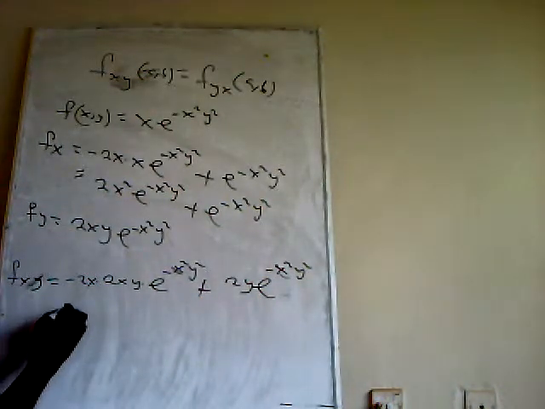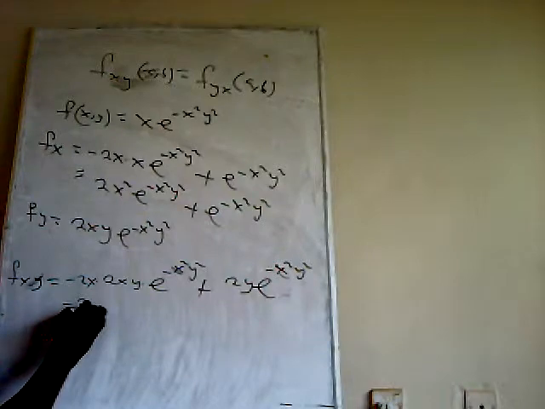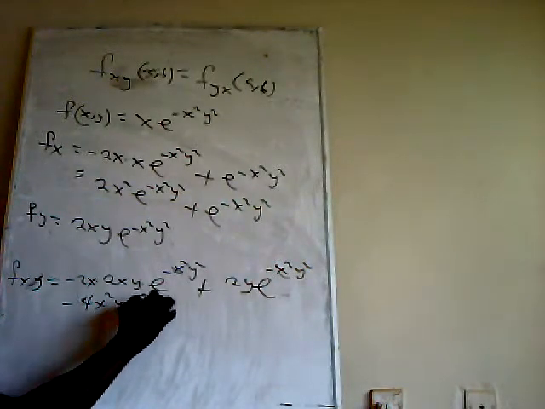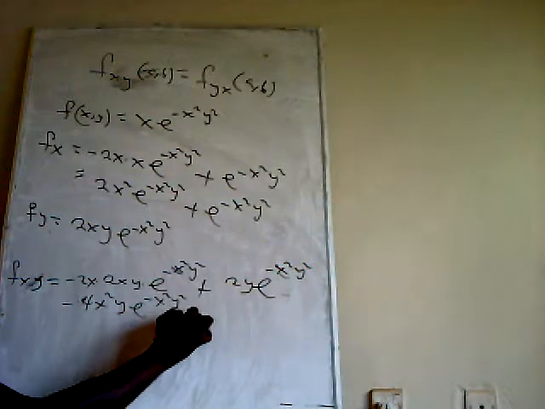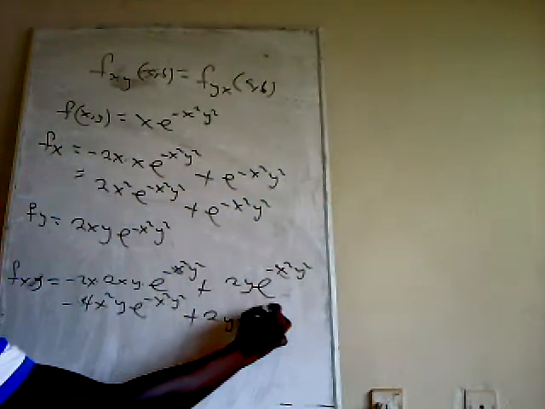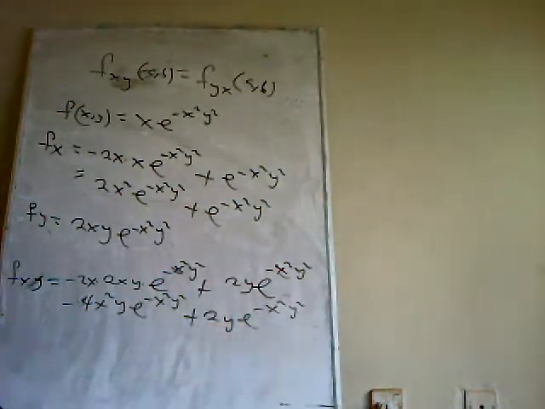If I simplify, I get 4x squared y e to the minus x squared y squared plus 2y e to the minus x squared y squared.